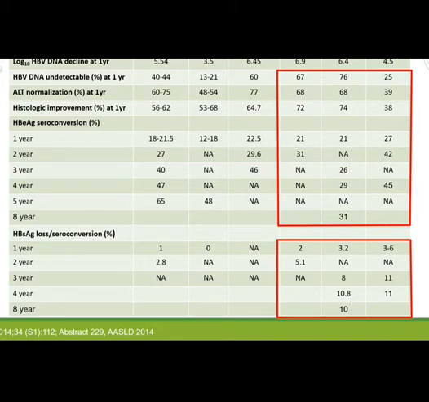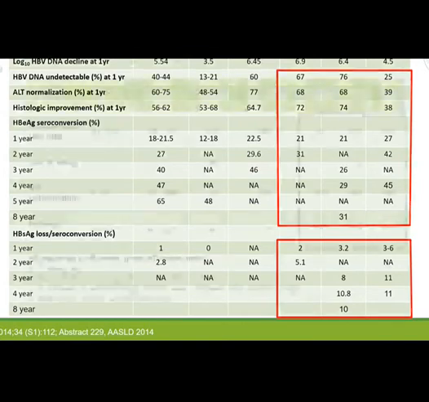You can see after 3 years, some of them still have a loss of hepatitis B surface antigen. So the cure is not significant in any of the groups. We definitely need good medication to achieve a cure which can clear the cccDNA of hepatitis B virus.